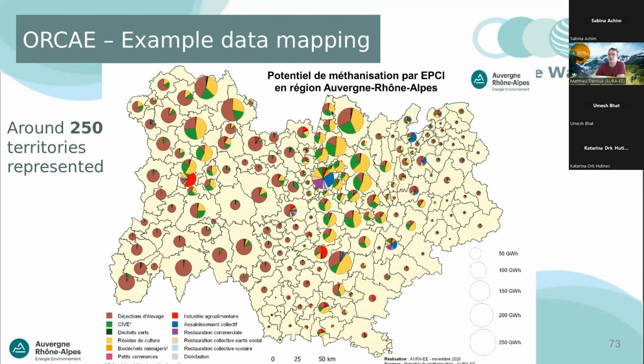And here you have big cities, so you have also a big part from households, etc. So it gives quite quickly, and it was created using quantum GIS, and it gives quickly a good overview of this potential biogas production.